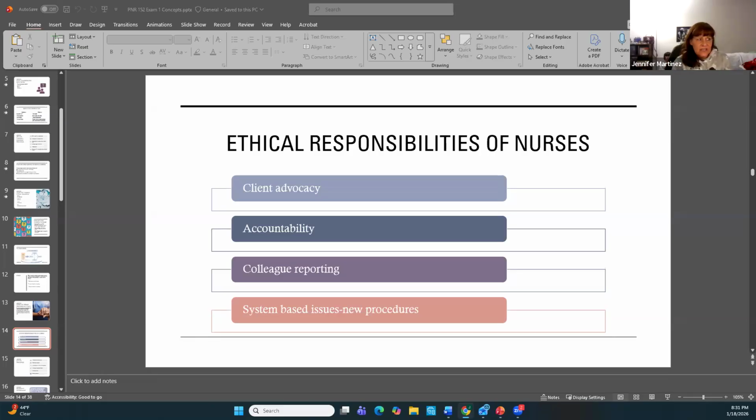And then system-based issues. Identifying system-based issues is essential for providing safe, high quality care. So if new procedures are implemented without the appropriate education and training, then you need to notify administration and suggest a plan of action. Night shift, I always use night shift as an example because we usually get pushed to the side. We don't always get all the education.